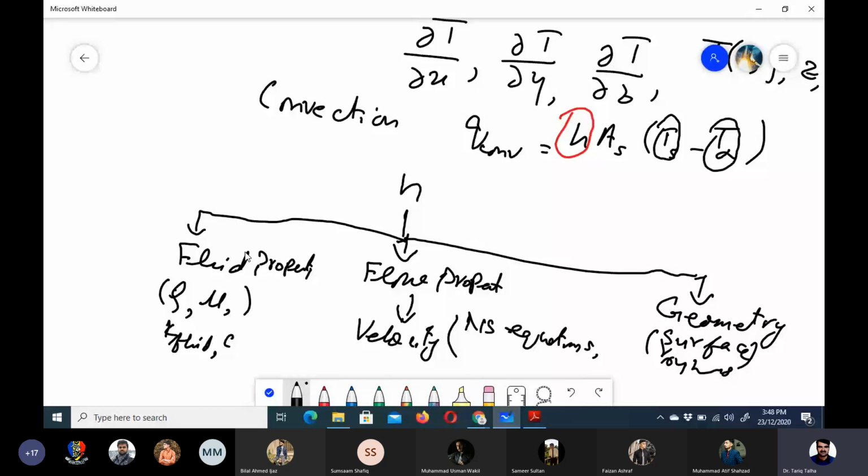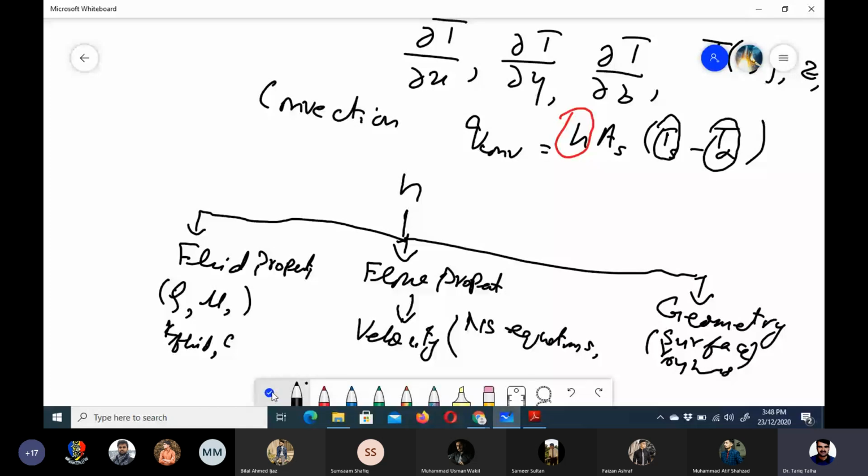Because its value would change with the geometry of the solid on which it is impinging, and it also changes with the velocity of that flow. So it means that we need a little bit complex calculation for h. That's what we will be doing in chapter number 6. Chapter number 6 is just a mere introduction to convection.